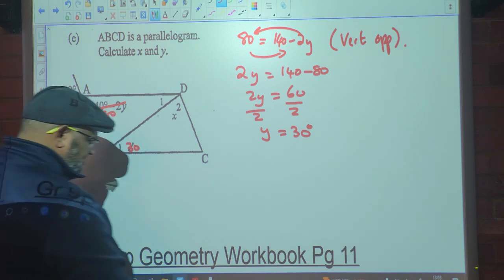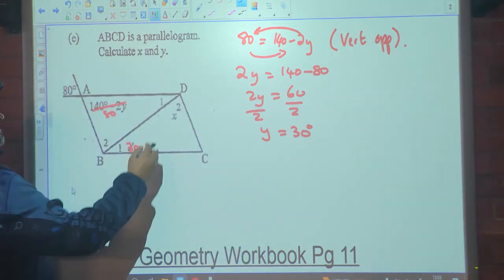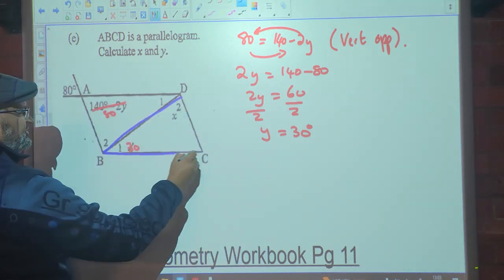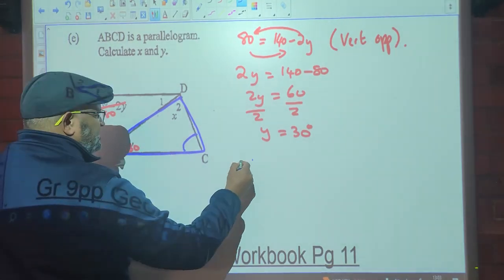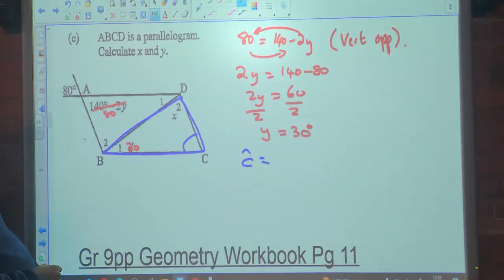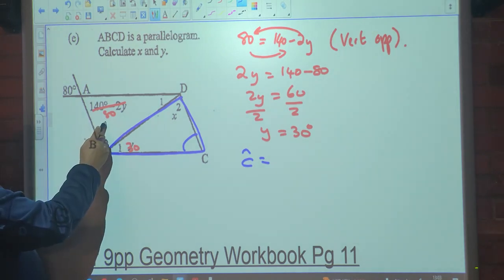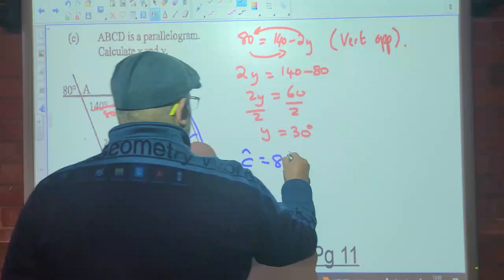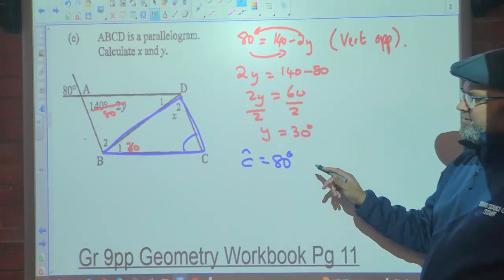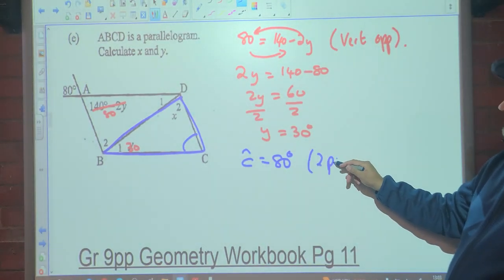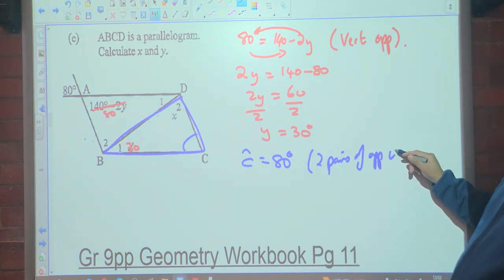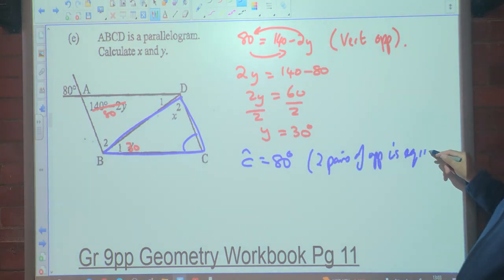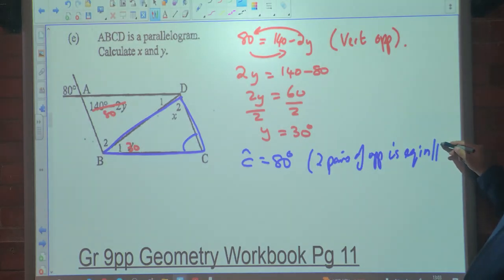Now what? Now we can go with sum of triangles, but what are we shorting here? Angle C. But what is angle C equal to? 80. Not so? The angle C is 80. Why? Two pairs of opposite angles equal in a parallelogram.